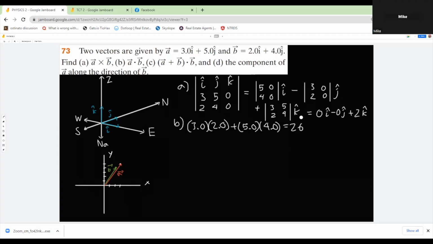Next, paano yung letter C? Okay. So, A plus B equals C. Okay, wait a second. So, ano? 5, 9. Okay, easy.